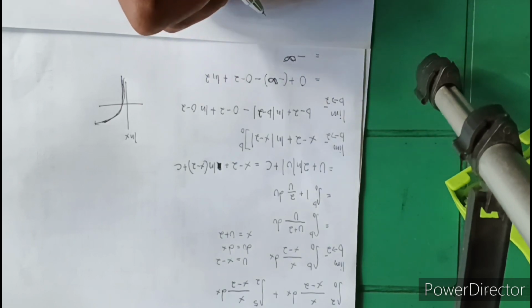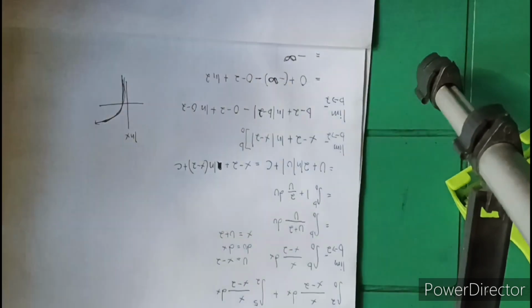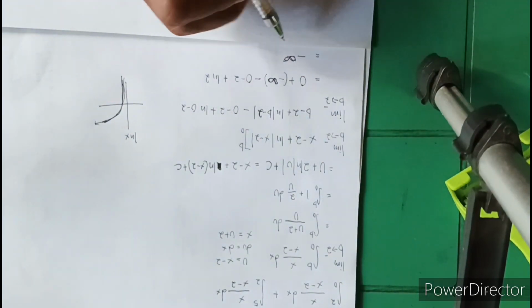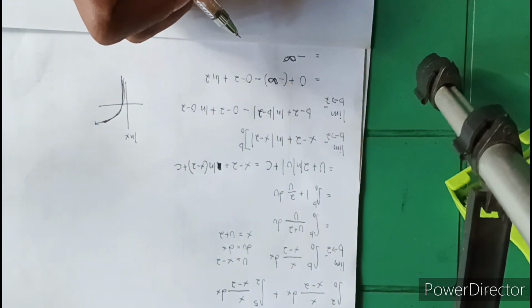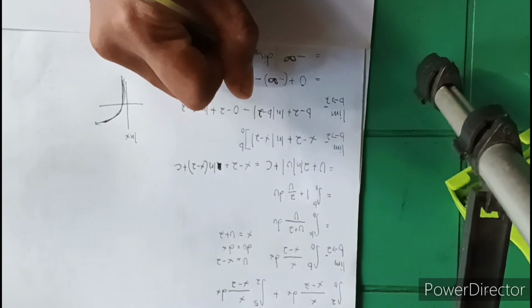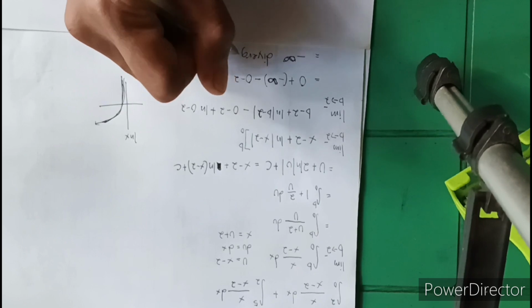And so the number is in an infinity form. So it diverges. This function is divergent.